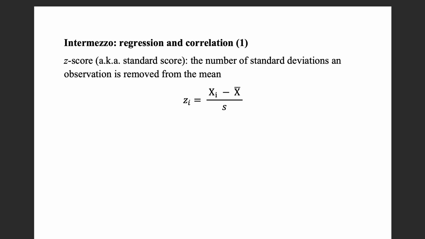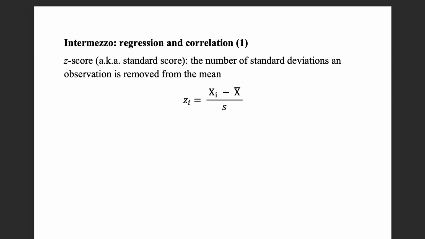The top part of the formula tells you how far removed an observation is from the mean value of that variable. And the bottom part is how we scale that value, and we scale it in this case to standard deviations of that variable, to make it comparable. So we know that a Z value tells us how many standard deviations a specific observation is removed from the mean value on that specific variable.